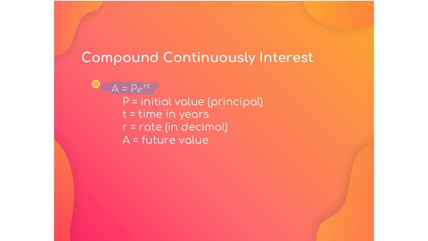So P still stands for principal, T still stands for time, R still stands for rate in a decimal, and what we're solving for is our value in the end. So again, in order for you to use the E to the power of, you have to click second ln.